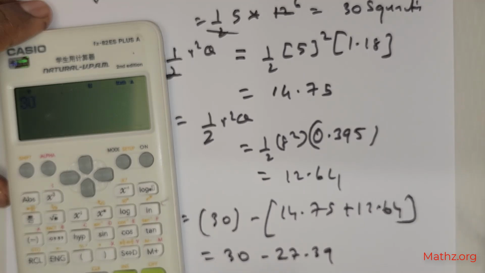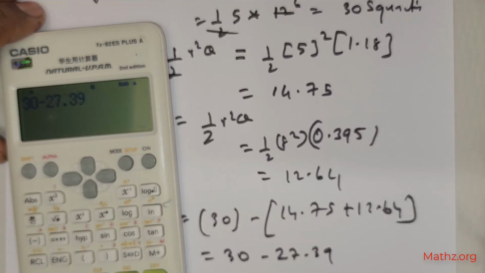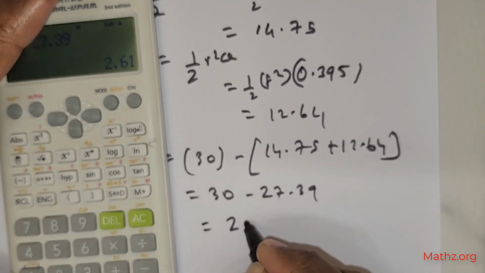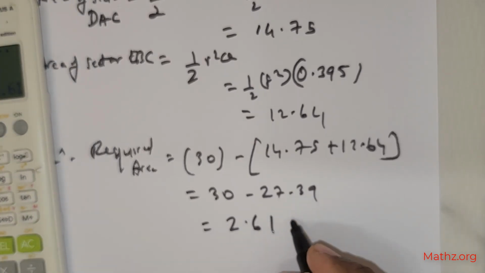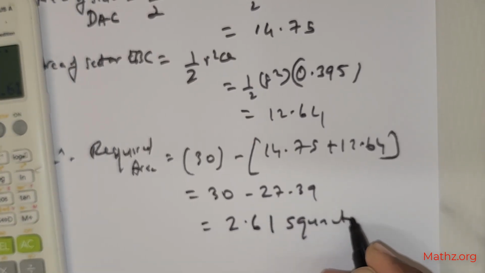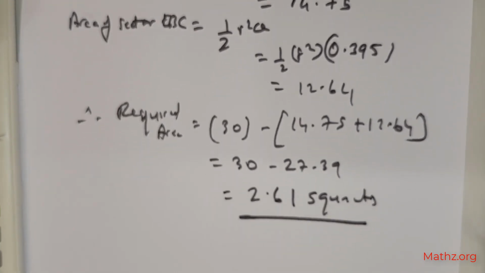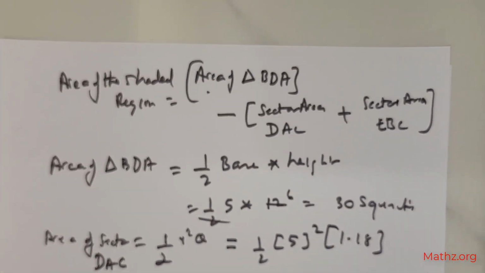So from 30 you take away 27.39. What do you get? 2.61 square units. So that's the solution for this beautiful question. So we move on to the next one.